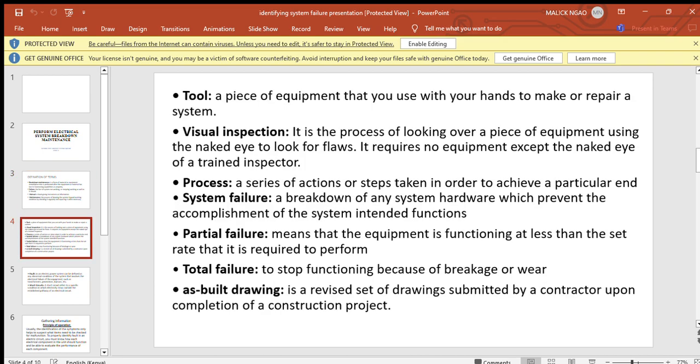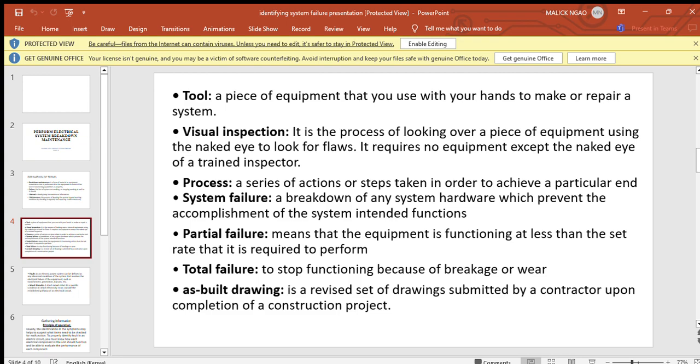I think that is a simple one. Can anyone explain to us what visual inspection is? Kerubo, are you in? Yes, that is correct.